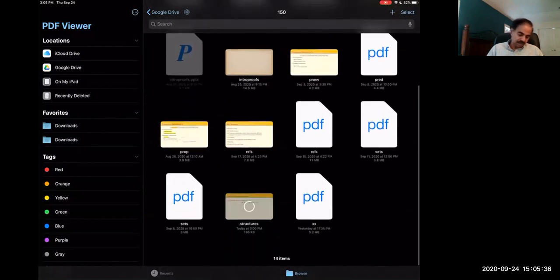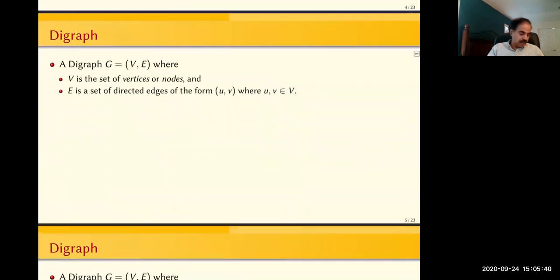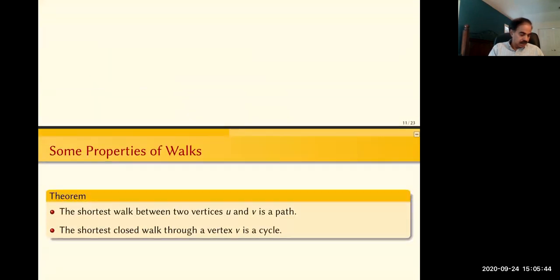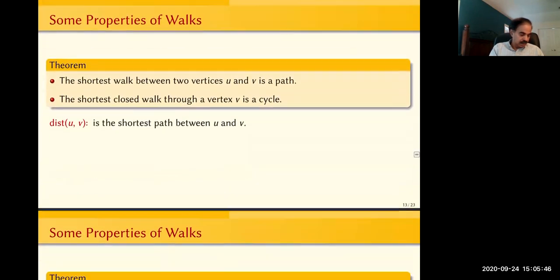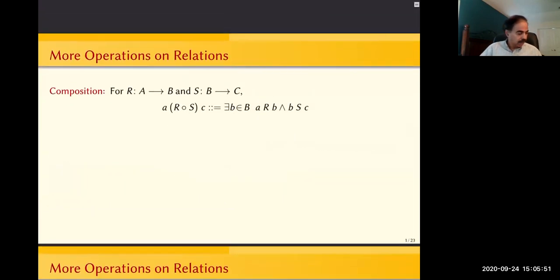I'm having some issues. Let's see whether I have the right version here. Okay, good. I have the right version.